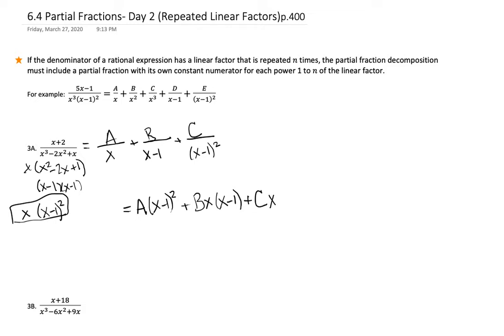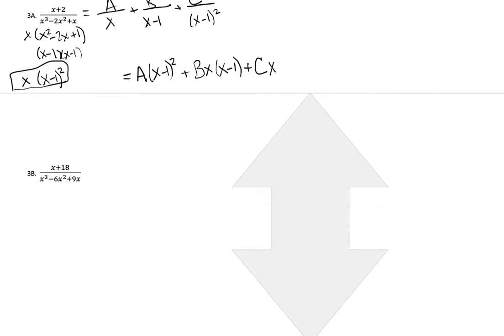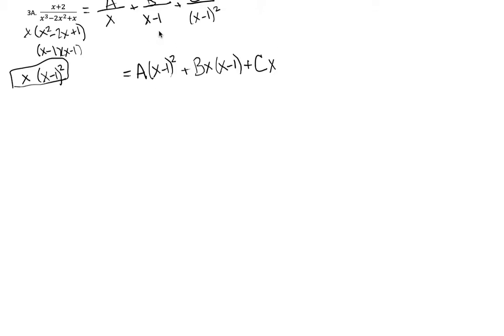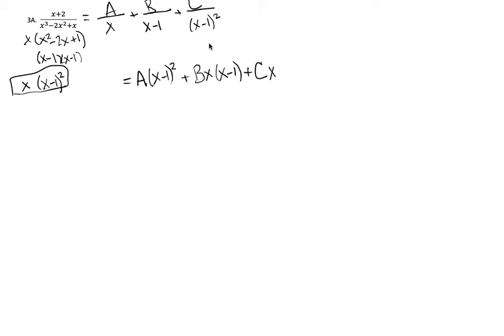Now we can't get too crazy here. We have to remember to FOIL this. So I'm going to go ahead and just do some legwork with this algebra. I'm going to FOIL that.